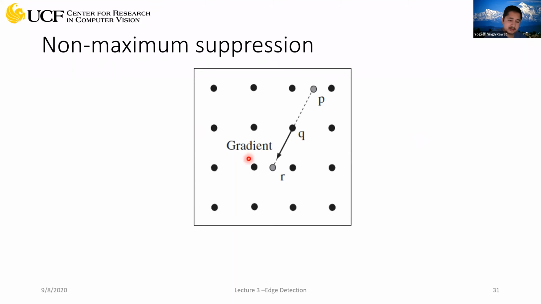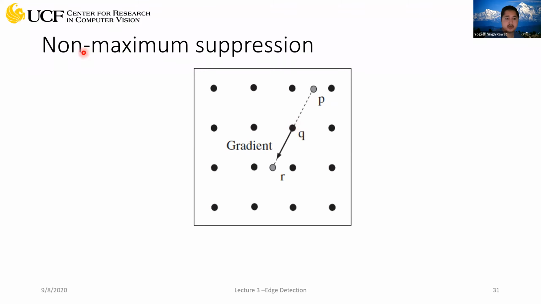We discussed earlier that a good quality of an edge detector is that we don't predict too many edges in the surrounding. We only need to predict the edges which are actual edges, and this is trying to refine that. Now, let's say we are at this particular location, Q, and we have detected an edge here.